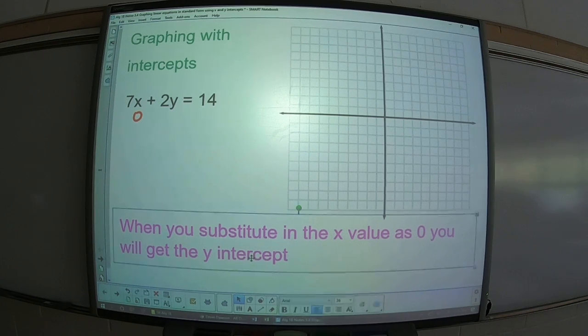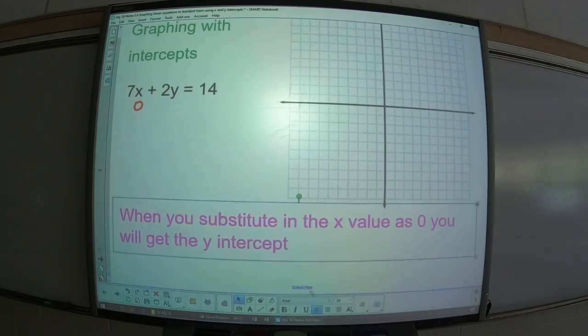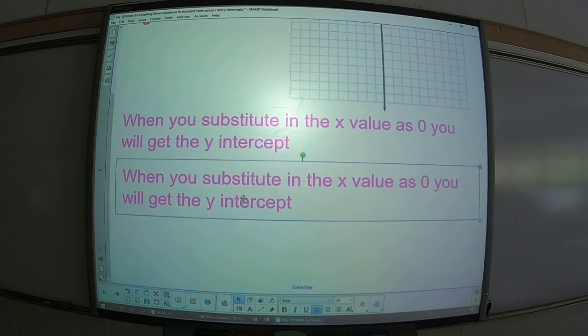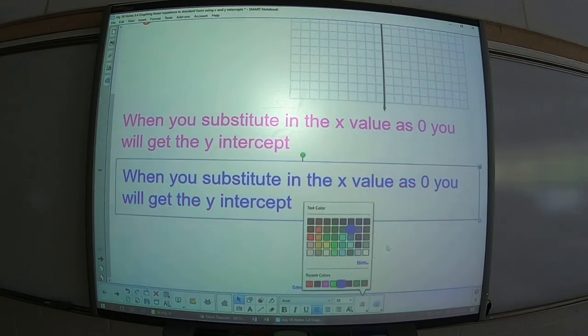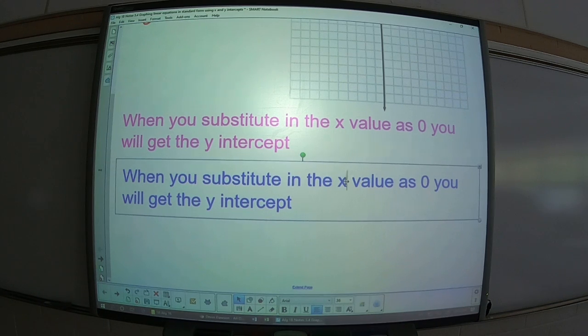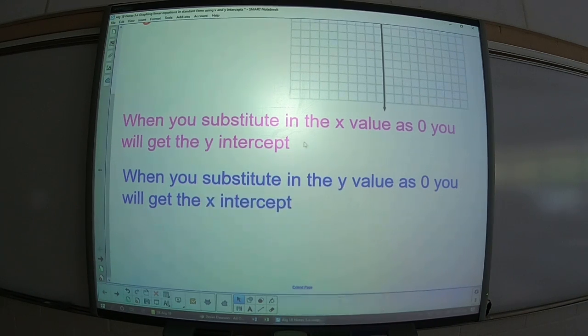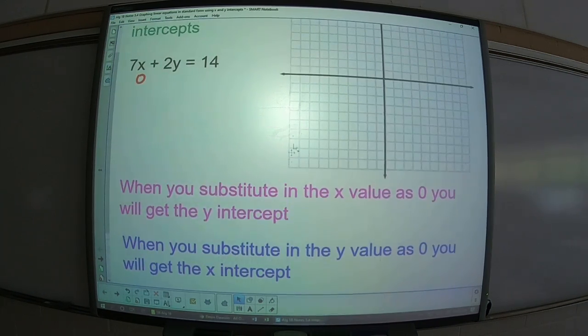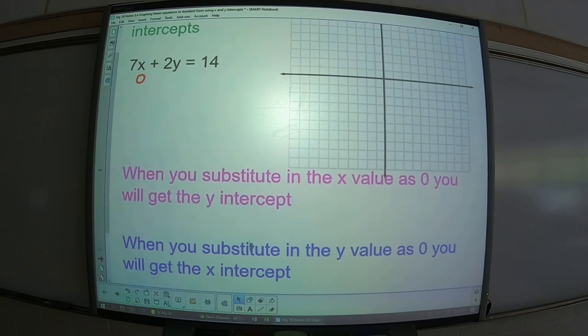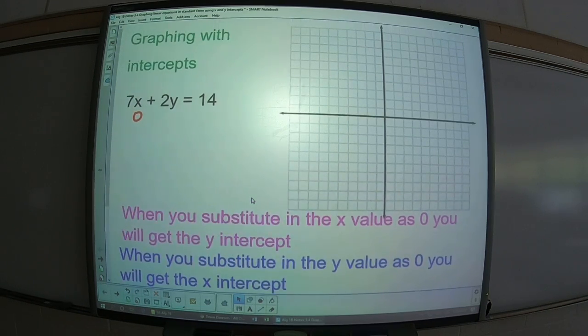And we can copy that and paste that again, but this time, let's change the color first so that it's a little easier to follow. And if you substitute y as 0, you get the x-intercept. So it's important to realize both of these parts.